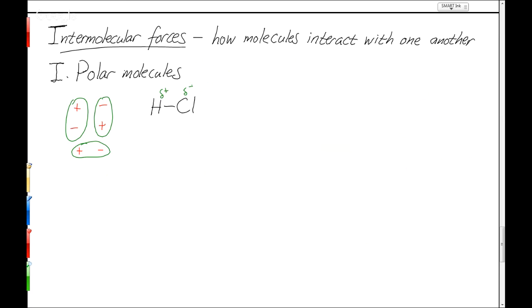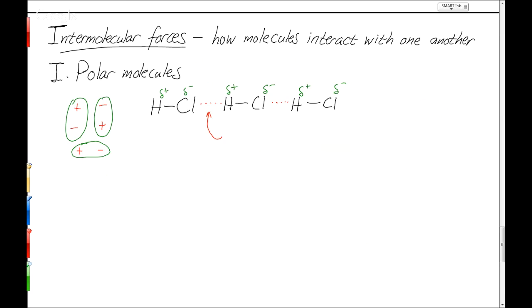That means that you would expect these molecules to interact like this, so that the negatives go with the positives. Now those interactions aren't going to be as strong as with ions because these are partial charges, not full charges. But there's still going to be some interaction there. They're going to attract each other because positive and negative attract each other. So the positive side of one is going to attract the negative side of the other.